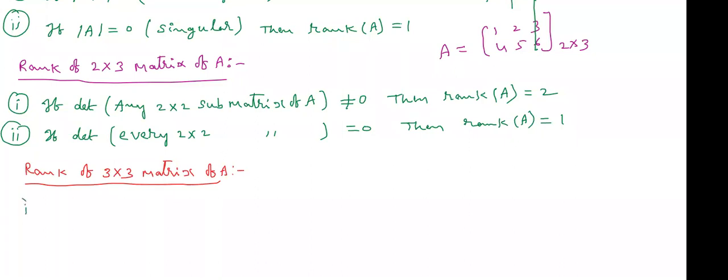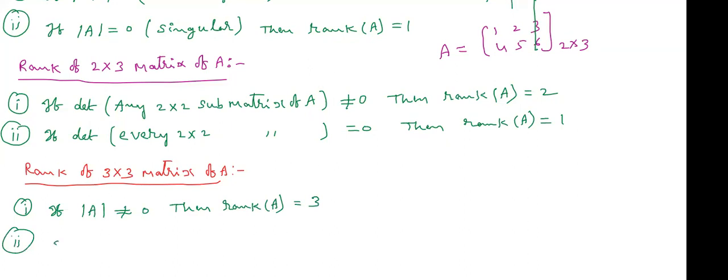First point: if the det A of the 3 by 3 matrix is not equal to 0, then rank of A is equal to 3.